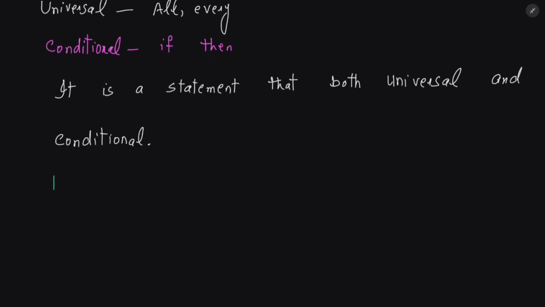Example: for every animal A, since this statement contains every, we have a part of that statement which is universal.